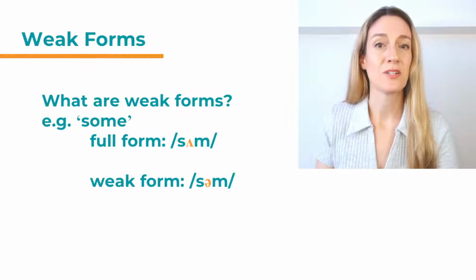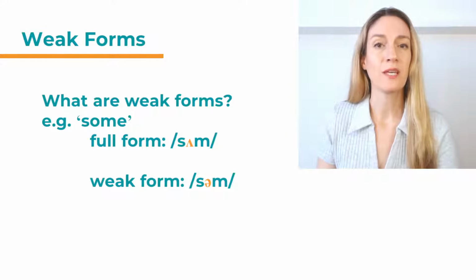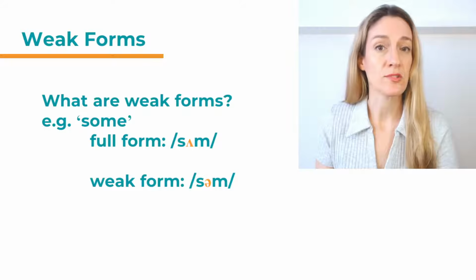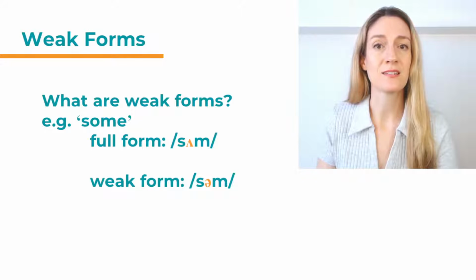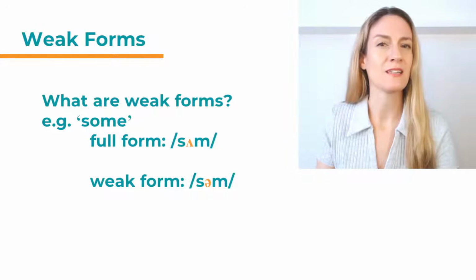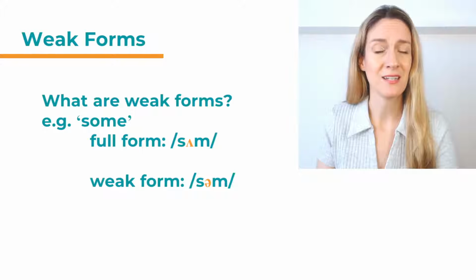Here is the word some. Now we can say this in isolation, or we could also stress it in a sentence, and it sounds like this. Some. It's the full form and the vowel sound is a. Some. However, usually this word is not stressed and it occurs in its weak form with the schwa.